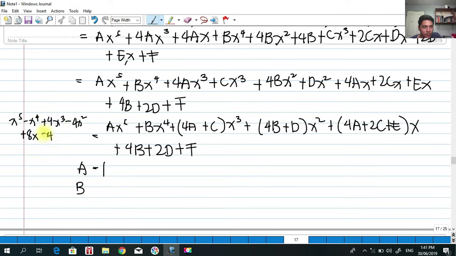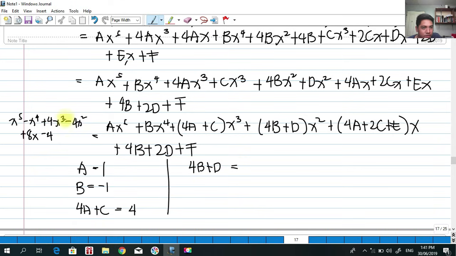And b, x raised to 4, is simply negative 1 because the coefficient of x raised to 4 here is negative 1. How about x cubed? So we have 4a plus c. That should be the coefficient of x cubed on the left side, which is 4. So that must be equal to 4. And how about for x squared? 4b plus d.